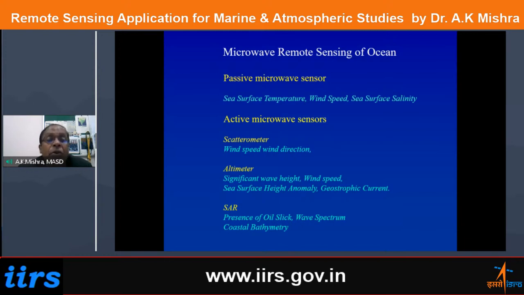One is the scatterometer, which provides you wind speed and wind direction, and the altimeter, which gives you significant wave height, wind speed, sea surface height anomaly, geostrophic current, etc. And synthetic aperture radar, SAR, tells you about the presence of oil slick, wave spectrum, and coastal bathymetry. So we will touch upon each one.